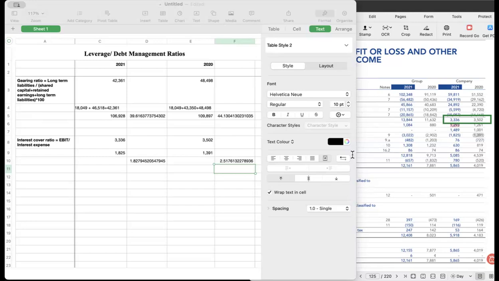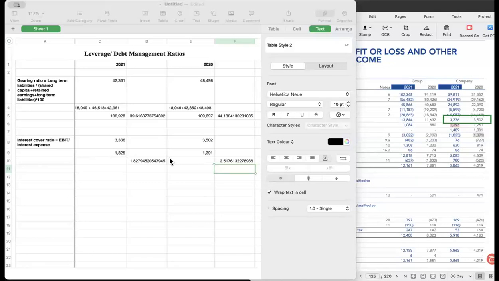Okay. Right. Yes. About the interest expense, 1.83 and 2.517. So the interest cover ratio, I forgot about it.